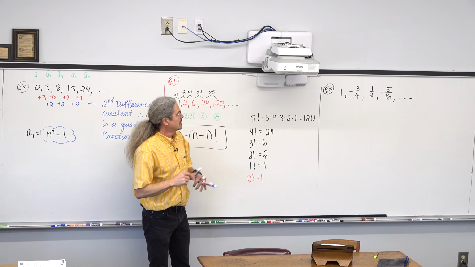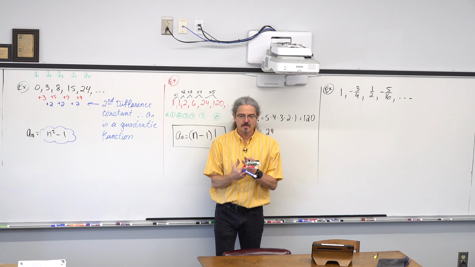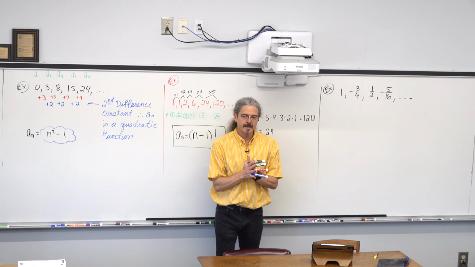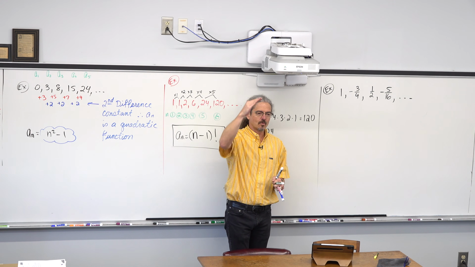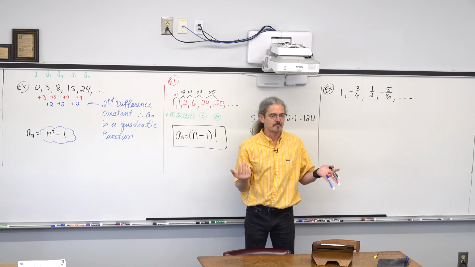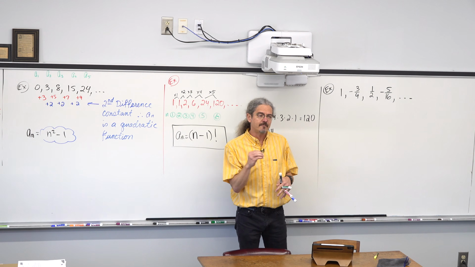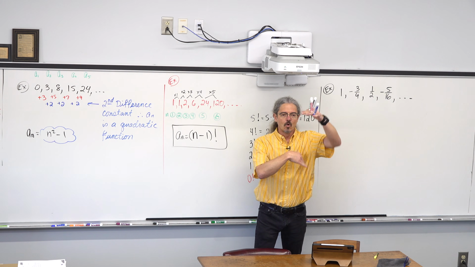So when you're trying to write a general term to a sequence and you start seeing fractions pop up, then you should be writing everything as a fraction and attempting to get either the numerator or denominator to be the exact same number across the board, which you would hope for with one of the easier problems, or develop a very obvious, very simple pattern for the numerator or the denominator.